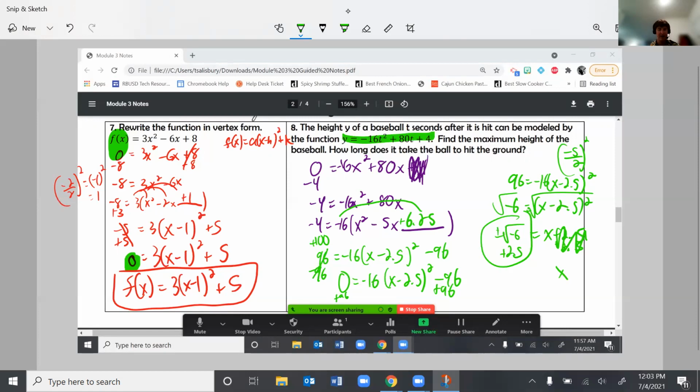Which is 4.95. Does the minus give us anything? The square root of 6. Yeah, it doesn't really give us the right answer. So x is about 4.95, or about 5.